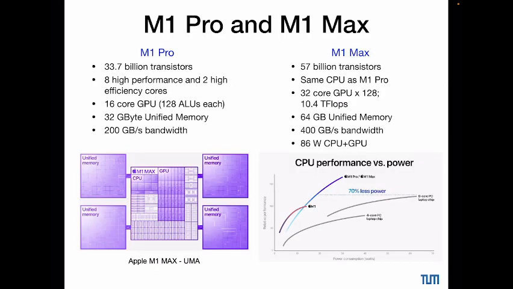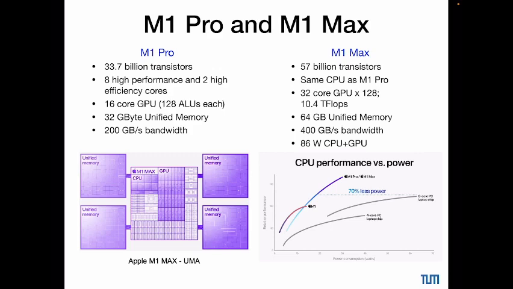If we look at the Pro and the Max, we see that the chips get larger. We saw that on the picture before. There are more transistors on the chips, and we are here at 57 billion transistors on the M1 Max. The CPU is the same in both of these chips, so 8 high-performance cores and 2 high-efficiency cores, increasing the power with high-performance cores.